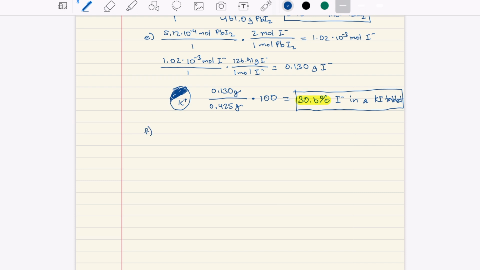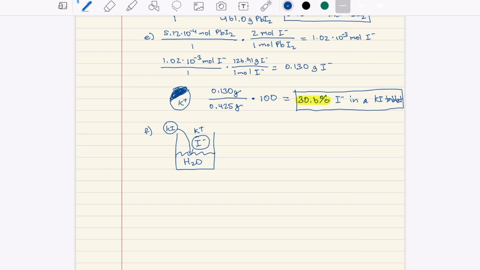So we have to think about this question conceptually. We have a beaker, and originally there's 50 milliliters of water, H2O. Then we dropped a KI tablet in there, and the K plus came out and the I minus came out. And then we calculated the I minus mass percent based on how much I minus came out and how much solid was formed from PbI2.